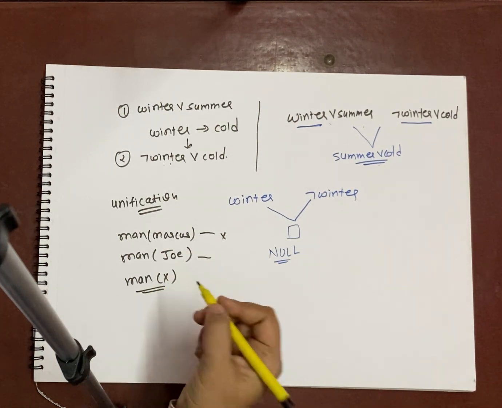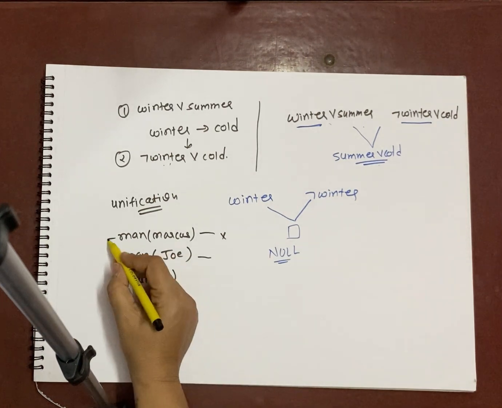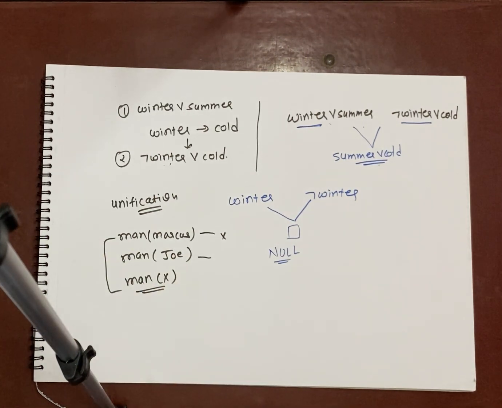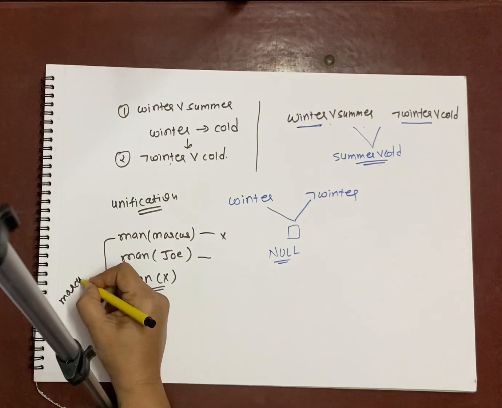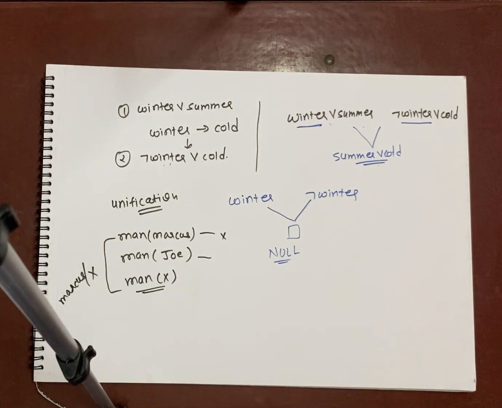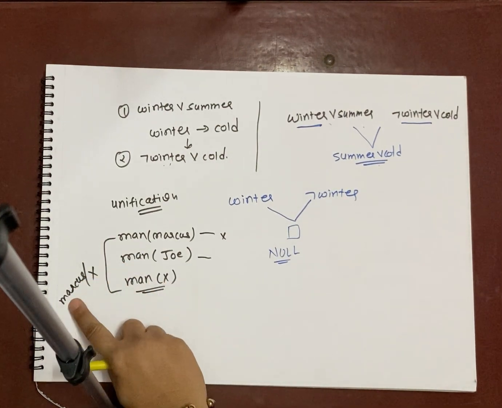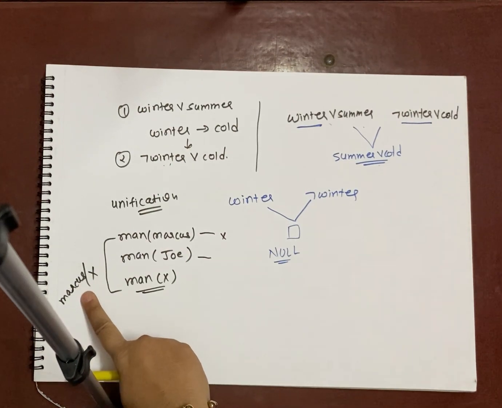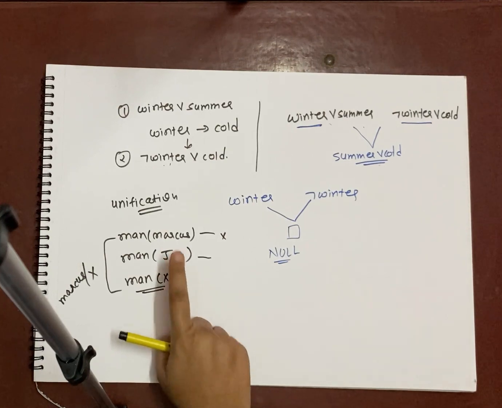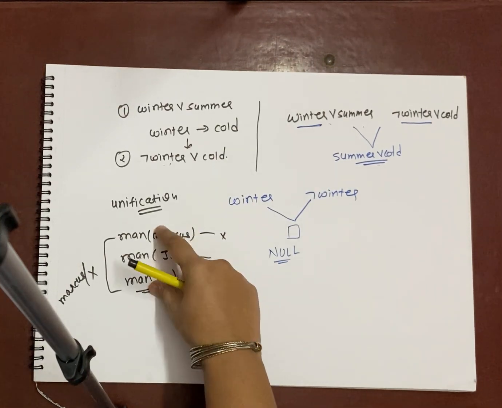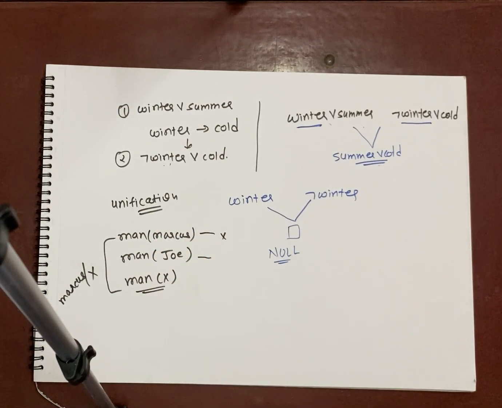But if you talk about man(X) and man(Marcus), then X is a variable and X can hold the value Marcus. If X holds the value Marcus and I replace X by Marcus, then we get man(Marcus), so both will be the same. Are you getting this?